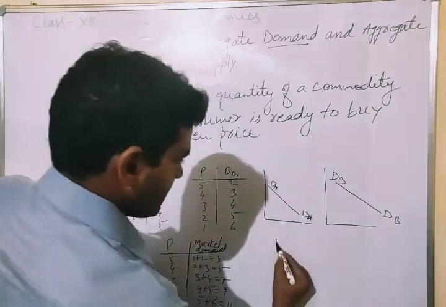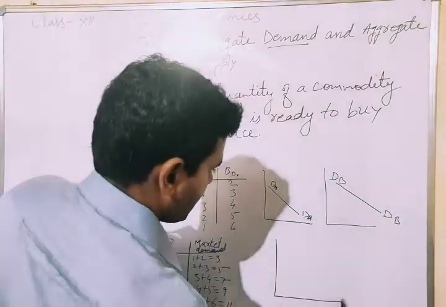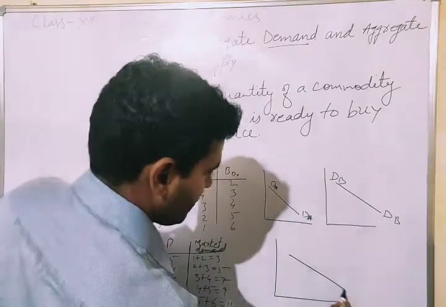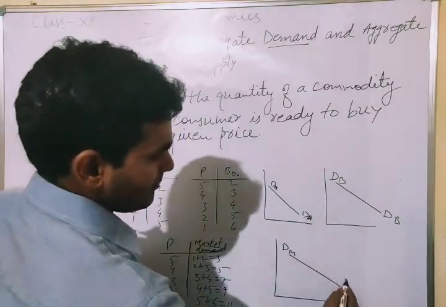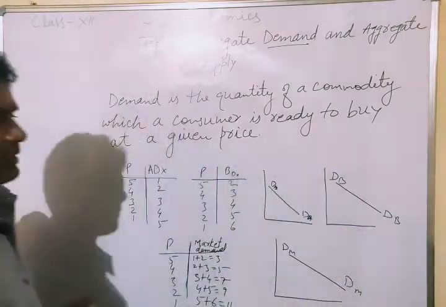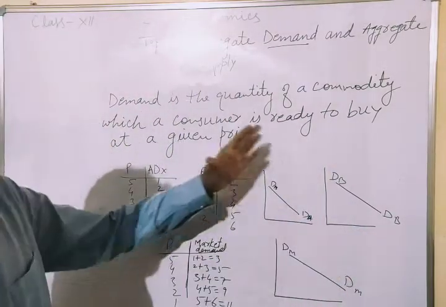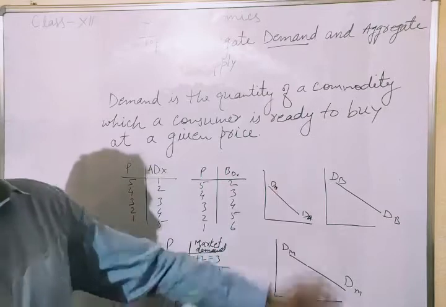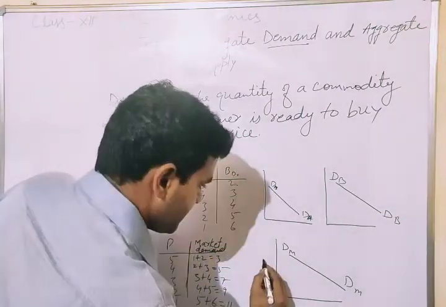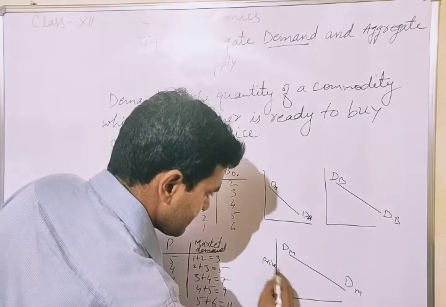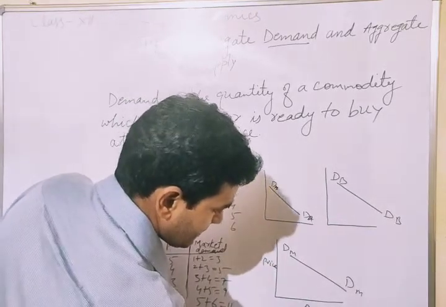Similarly, the curve of market demand becomes flatter. This is the market demand curve, Dm. What you see as the common phenomenon over here is an inverse relationship between price and quantity.